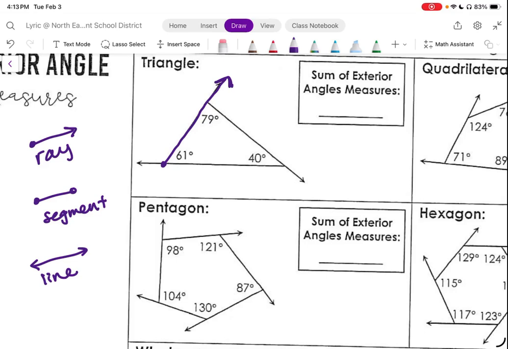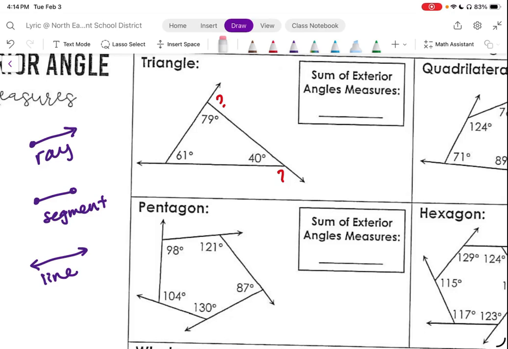So if we create a ray coming off of the ends of each side of our polygon, then we have created exterior angles, and exterior means outside. So we are looking for the outside measures created with the interior angles. As you can tell, the two of them create a straight line. So the two of them together create a 180 degree straight line, or they are supplementary.